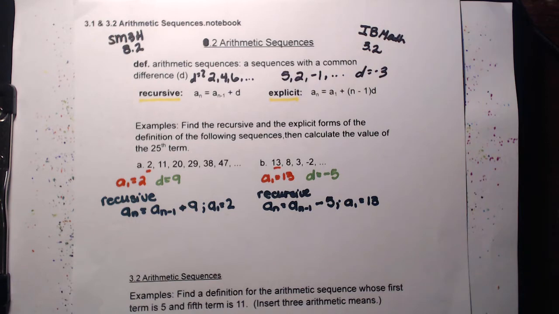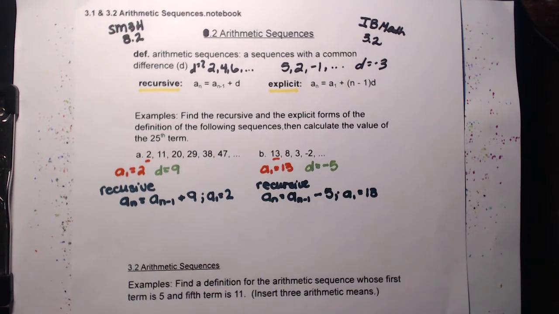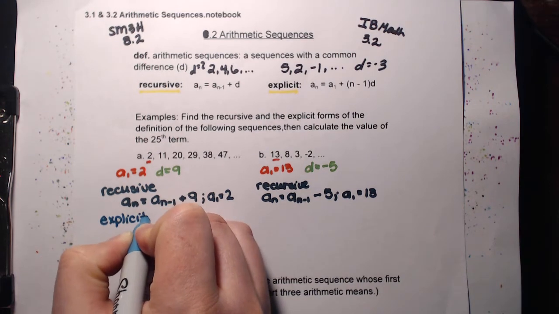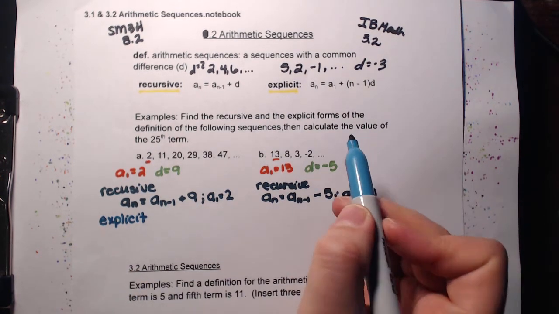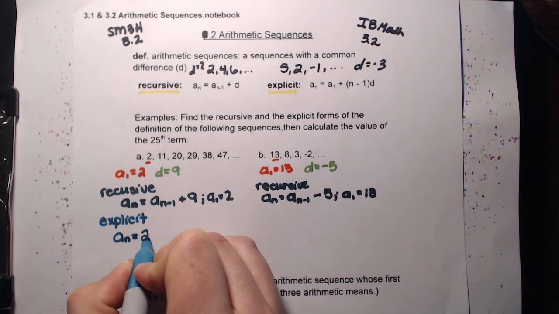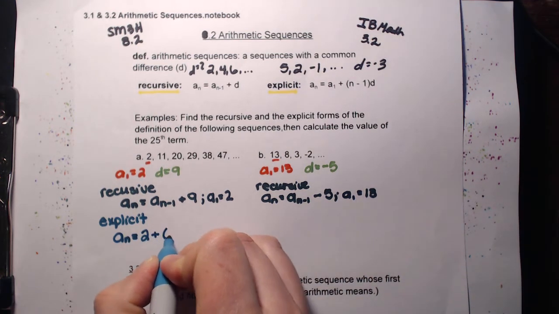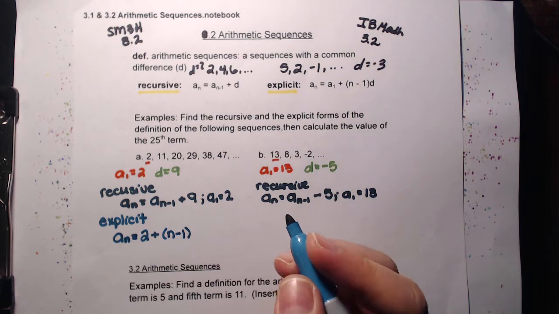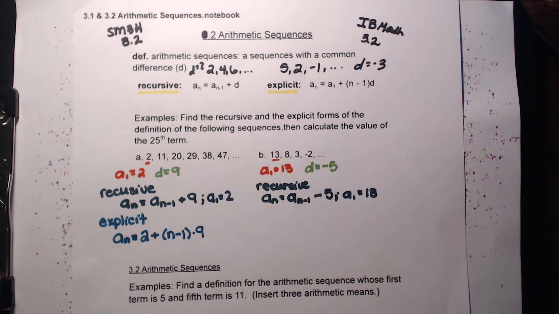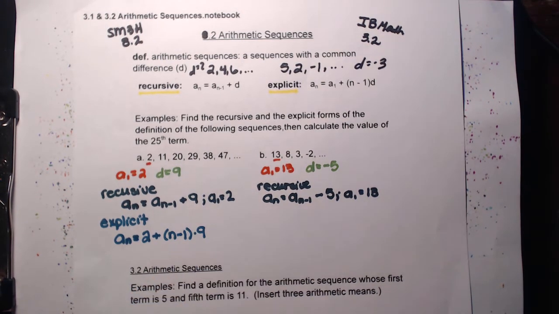Now the explicit is a little different. Where we take our first term, and our first term on this one's 2, and add n minus 1 times the difference. And then you can go through and simplify that. So I'm going to distribute the 9.